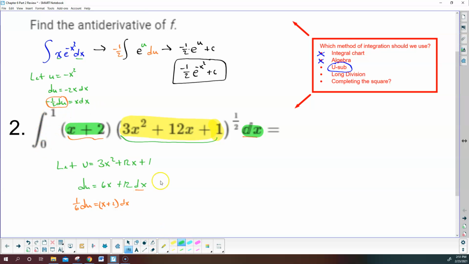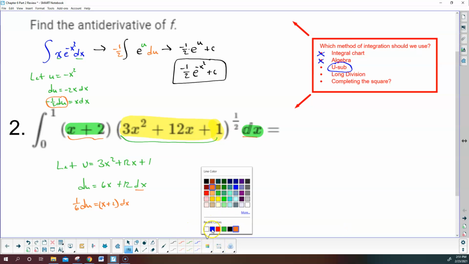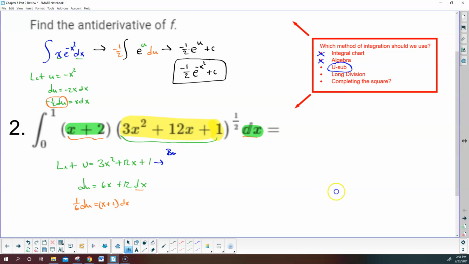and all that's left then are my bounds. Now this one does have bounds, so we have to evaluate the bounds in terms of the u that we had right here. So what if I take 1 and plug 1 in here, here, and here? You don't have to show this work. You can do this all in your head. But if I evaluate the upper limit, I get 3 plus 12 plus 1.